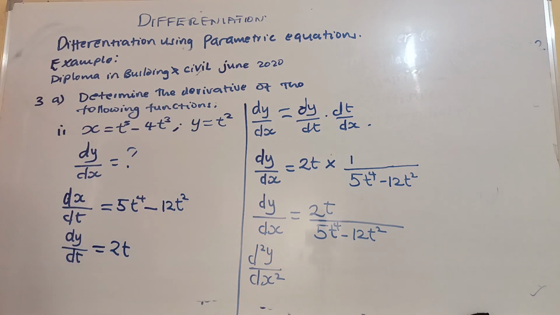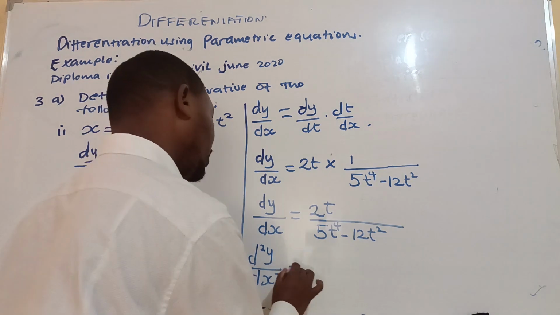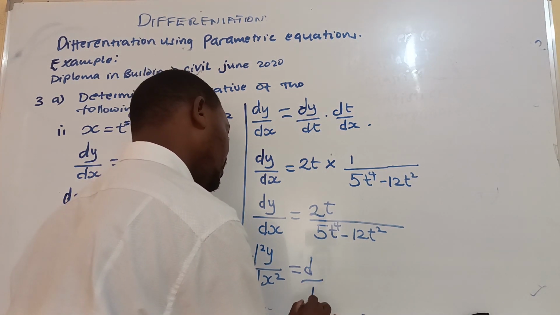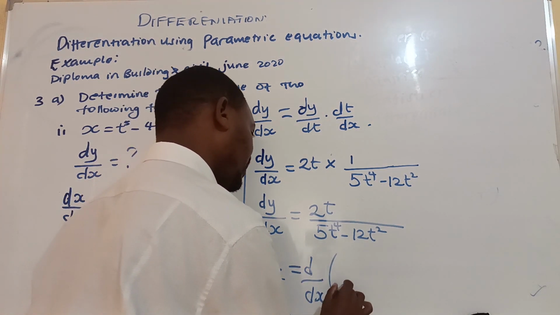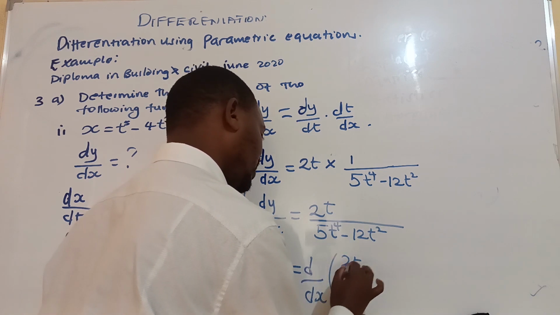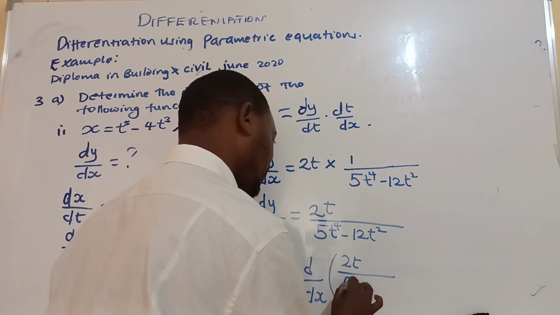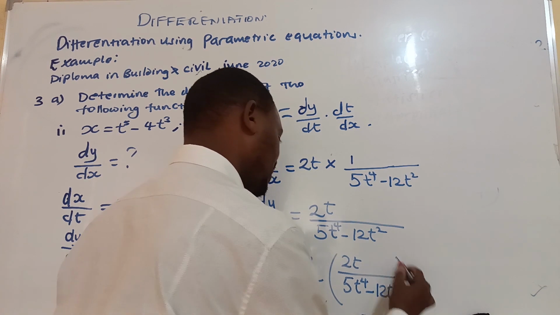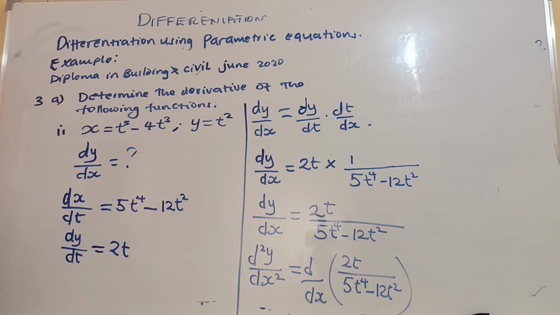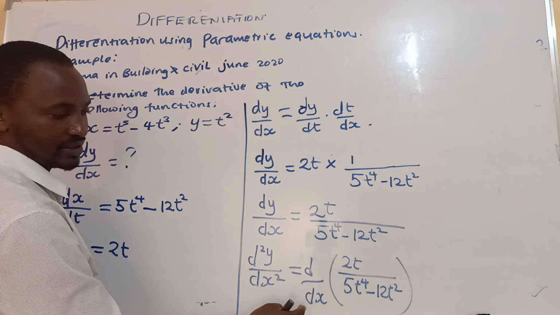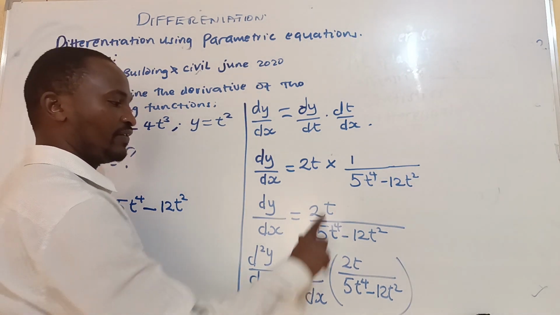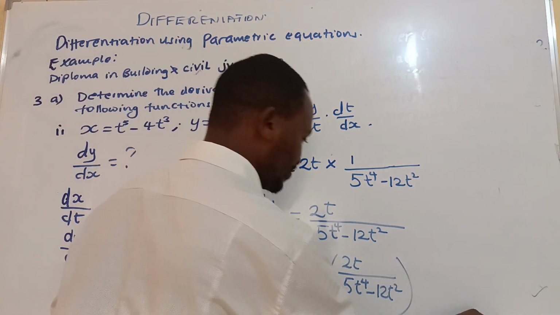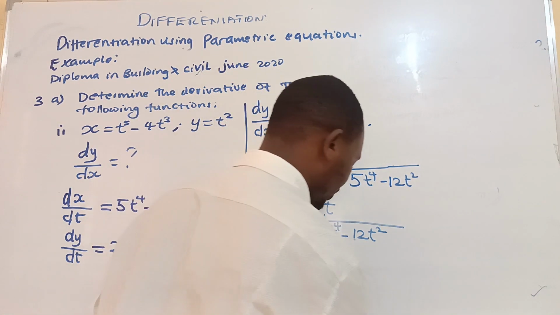The second order derivative will be equal to the derivative of the first order derivative, 2t all over 5t to the power 4 minus 12t squared. That will be it. The derivative with respect to x of the first order derivative. Actually, I should have put it like this so that it's easier for you to see.